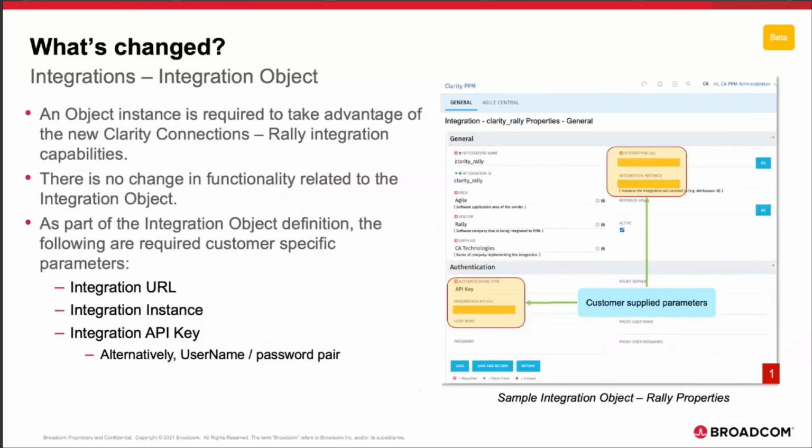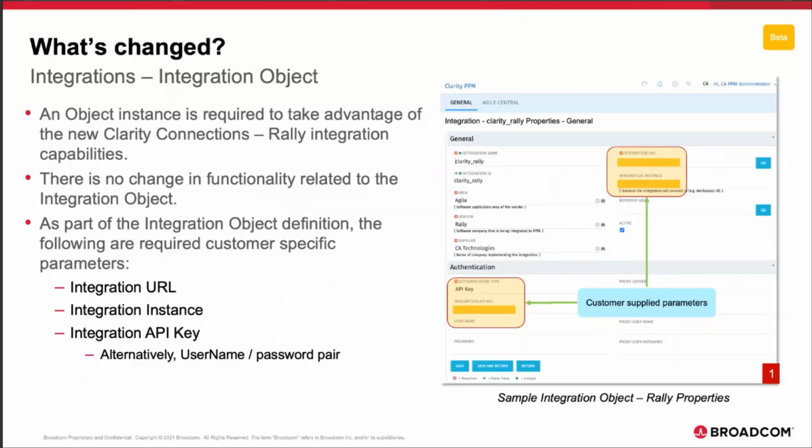Okay, just like the current Agile integration, this new integration requires an integration object instance to be in place to take advantage of this integration. No change in functionality related to the integration object based on this new feature. Actually, having this infrastructure in place streamlined that part of the development of the new integration.